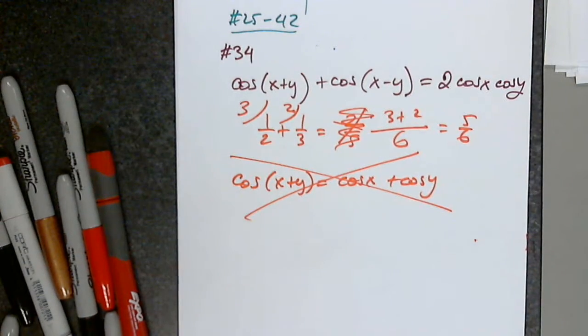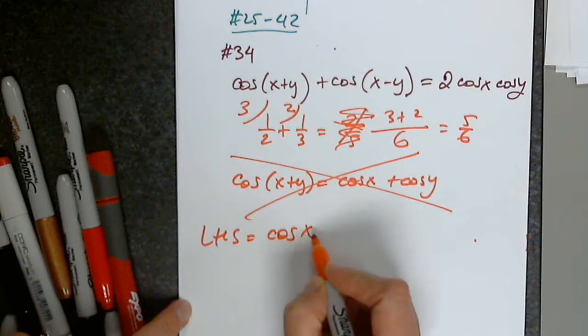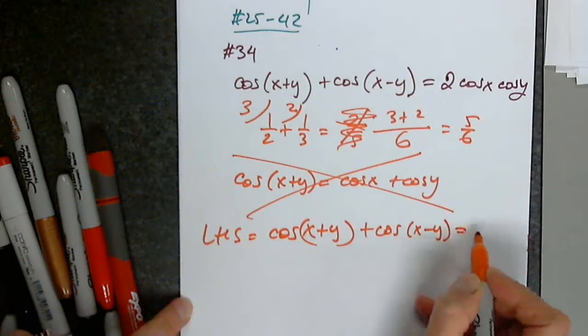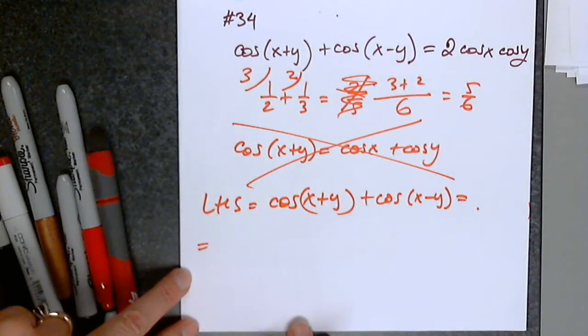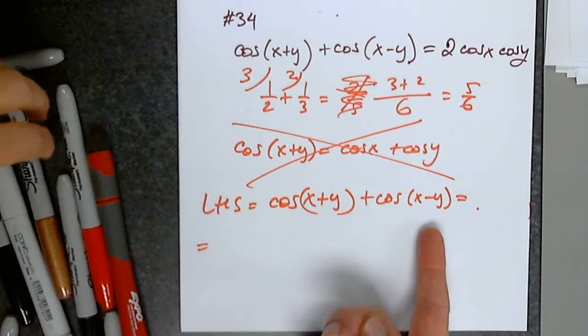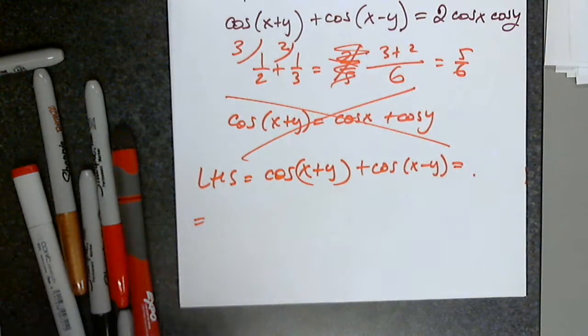Okay, is that clear? So I will start with the left-hand side. I will write cosine of x plus y plus cosine of x minus y. I have to write the starting point, and then I apply the formula twice: once on the sum of the angles and the second time on a difference of angles. So what do I have to write for the first one?